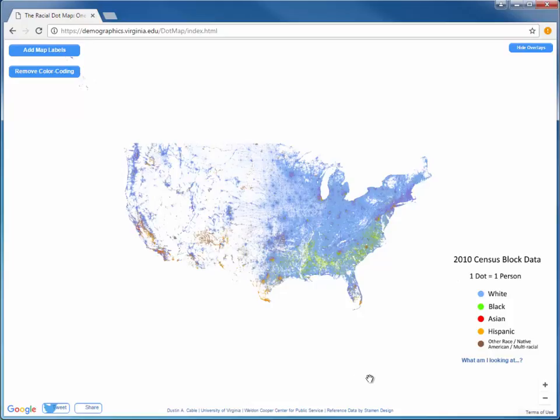We can see kind of the same way when we're looking at an overview, we see particular patterns. We see the significant influence of Hispanic populations here in the South, as well as Black or African American populations here in the South.